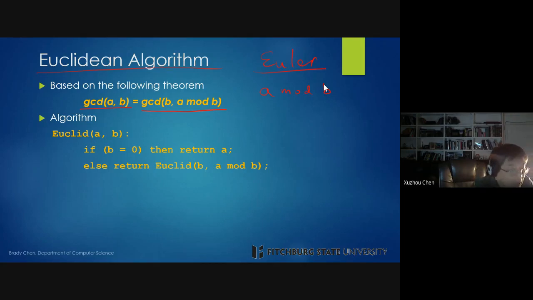A modulo B is, when you divide A by B, you get a remainder, and the remainder is the result of A modulo B.